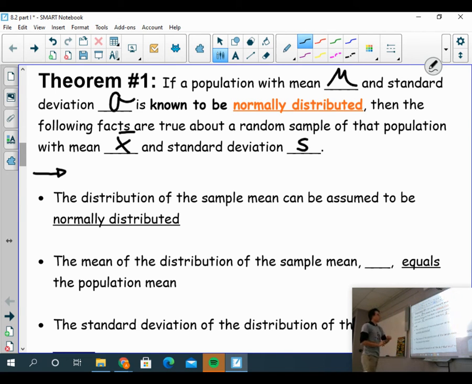So here's what theorem 1 says. If I have a population that has mean mu and standard deviation sigma, and it is known to be normally distributed, then the following facts are true about a random sample of that population with mean x bar and standard deviation s. We're setting the scene here. The premise of theorem 1 is that the population is normal.